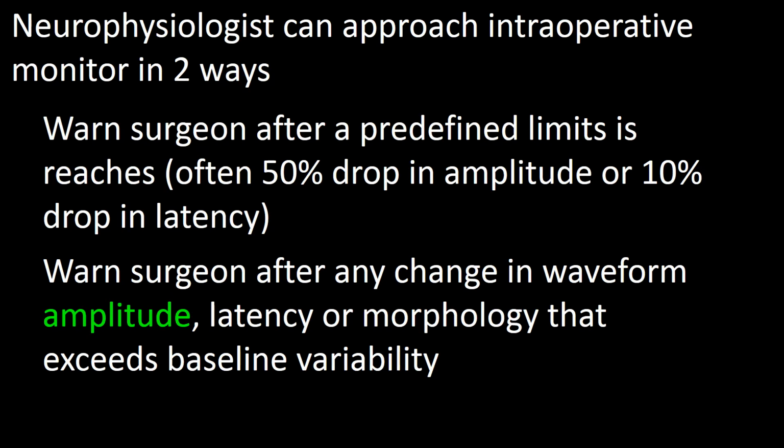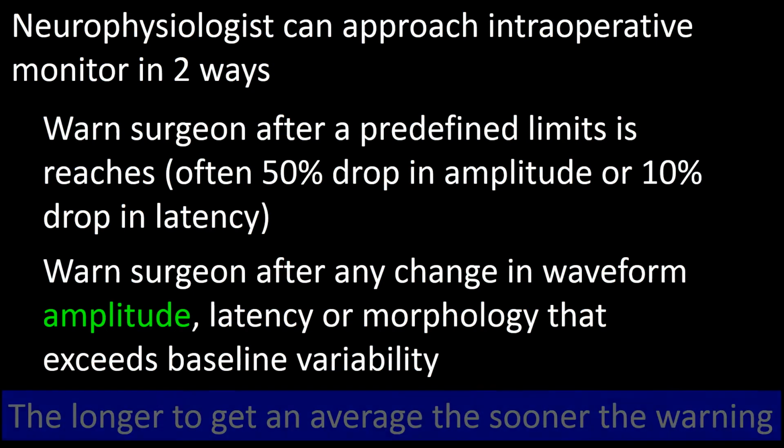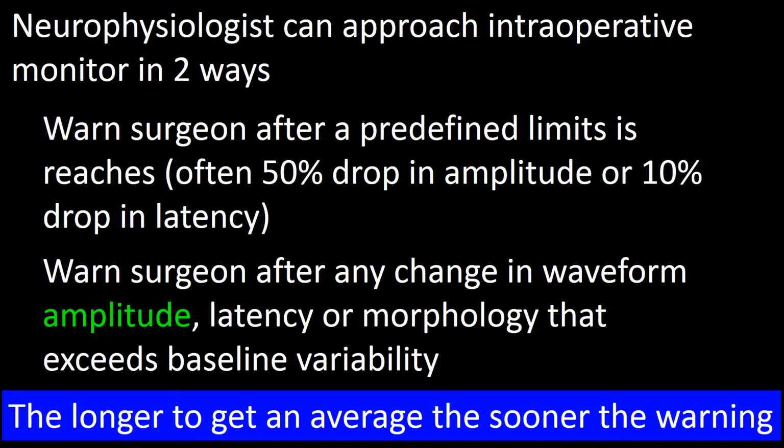In general, amplitude changes seem to be more significant than latency or morphology changes. An important point to remember for all types of intraoperative monitoring is that the longer it takes to get an average, that is, the more trials needed to get a meaningful recording, the sooner you want to notify the surgeon of an abnormality.